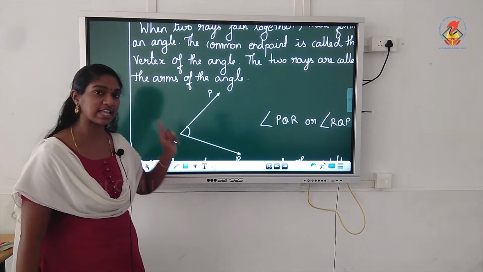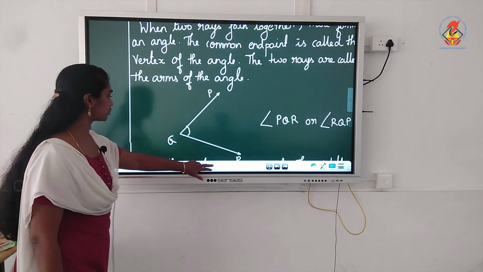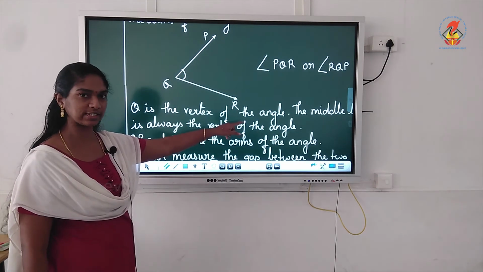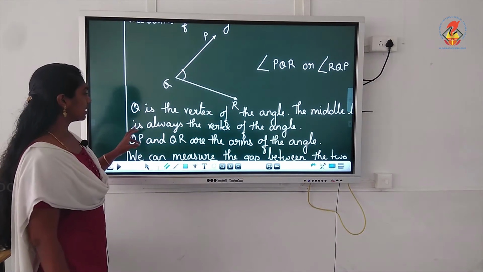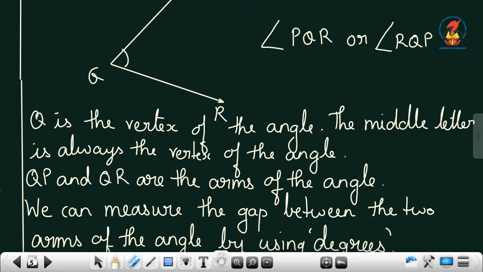Now, as I told you, Q is the vertex of the angle. The middle letter will always be the vertex of the angle. Then, QP and QR are the arms of the angle.